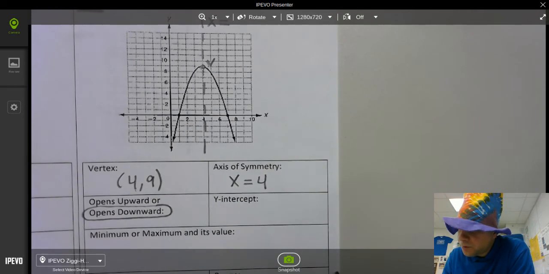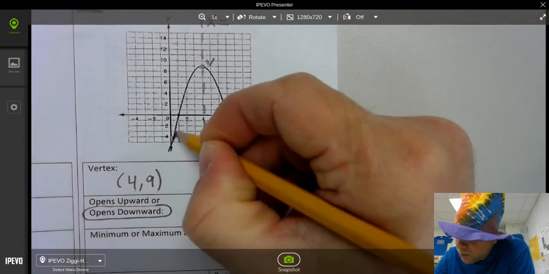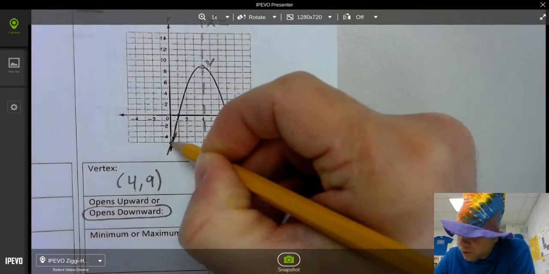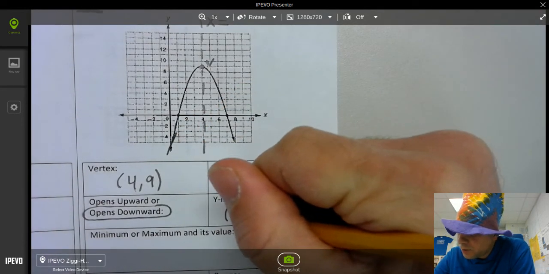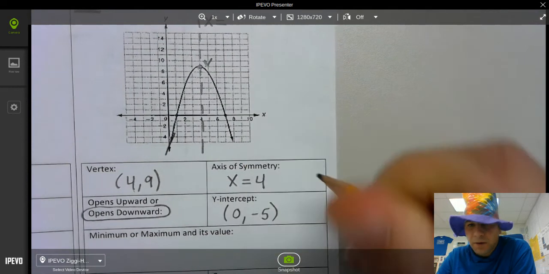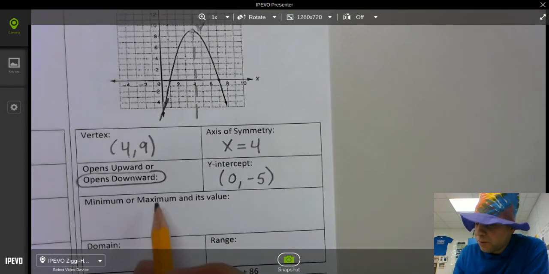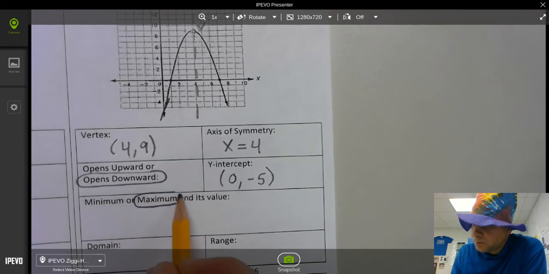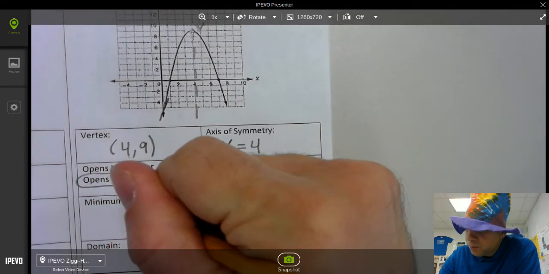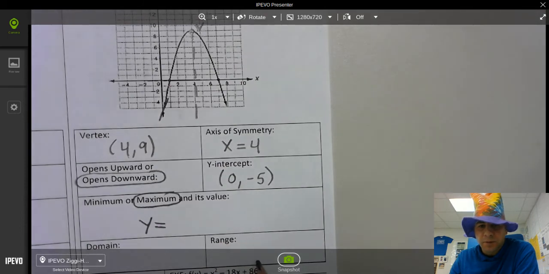And then the y-intercept, find the y-axis, this line crosses, it looks like, at -5, so the y-intercept is 0, -5. It's a maximum value, and again, we're finding it as a y because that affects our range.